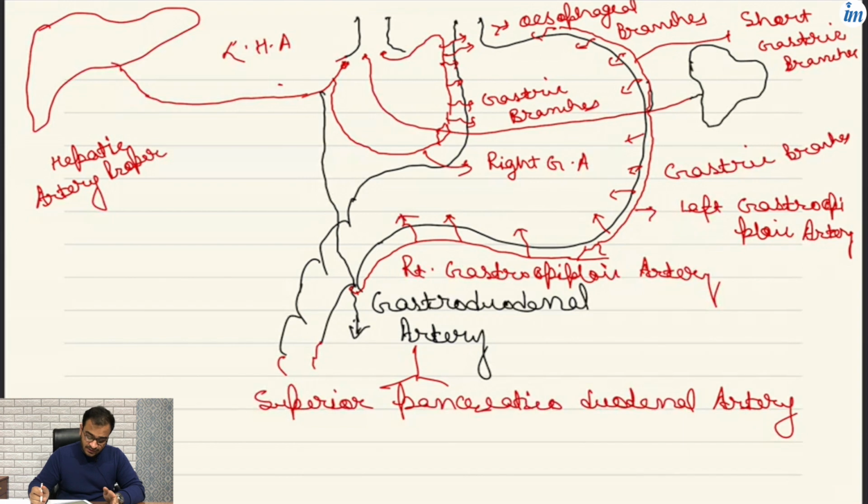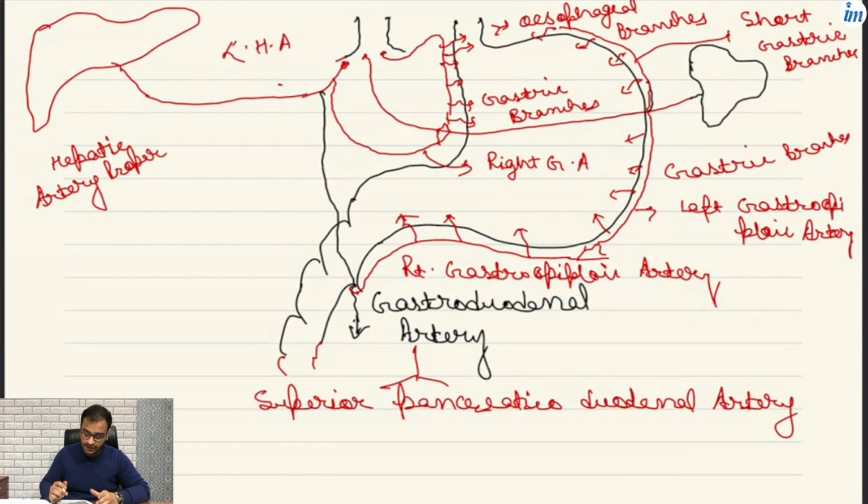Sometimes we say the right gastric artery is a branch of the hepatic artery proper, but most of us, when keeping in mind the blood supply of the stomach, write that from the common hepatic artery we have the right gastric artery. The other branch arising from the common hepatic artery is the gastroduodenal artery.